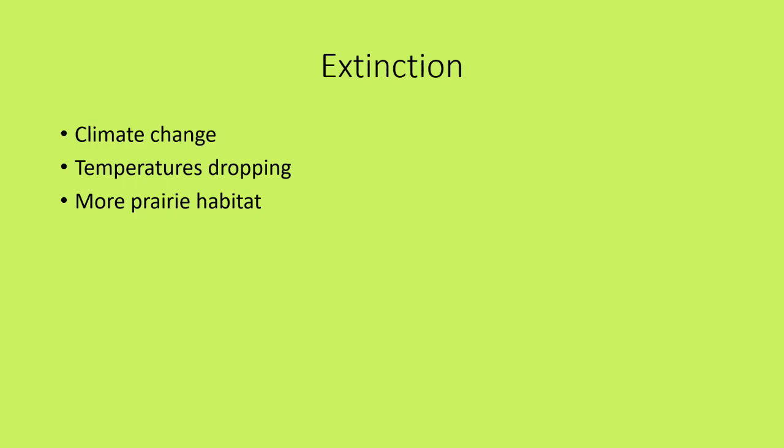And then you had the forest version of Miohippus, which went extinct much quicker because with the loss of that type of habitat, there was no way for it to survive.